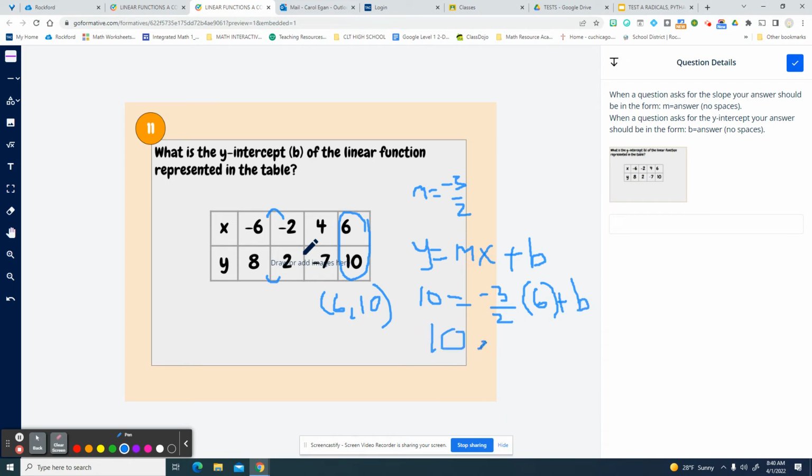So we do the math. -3/2 times 6. So -3 times 6 is -18. And -18 divided by 2 would be -9.